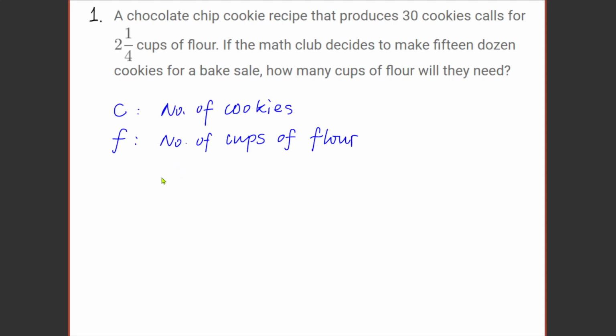Since we know when C is 30, F is 2¼, so that means 9/4, right? That should equal when the number of cookies is 15 dozens. We need to find the number of cups of flour, right?